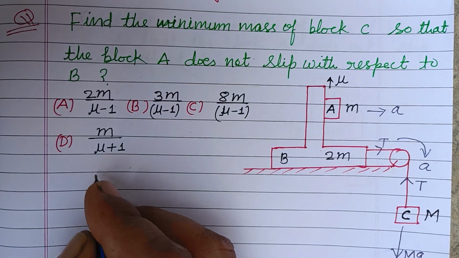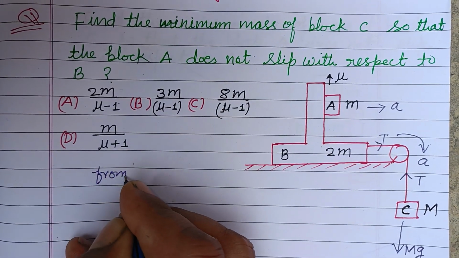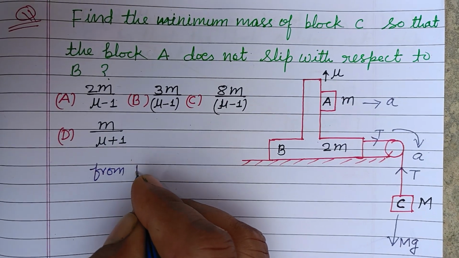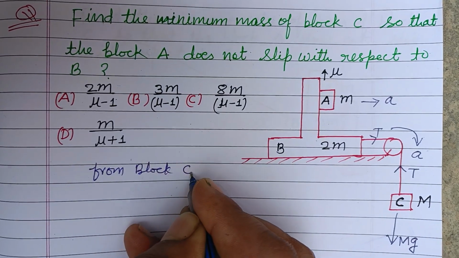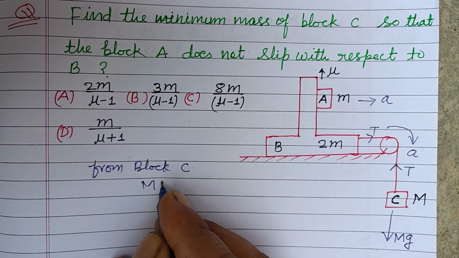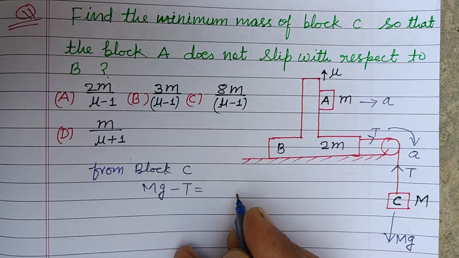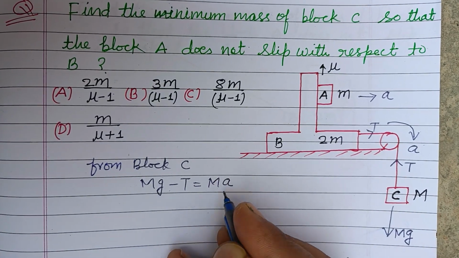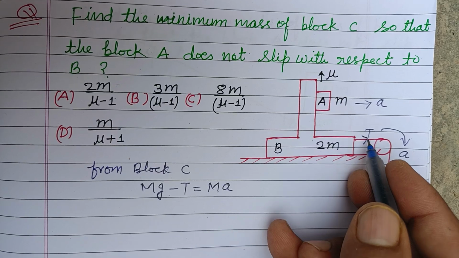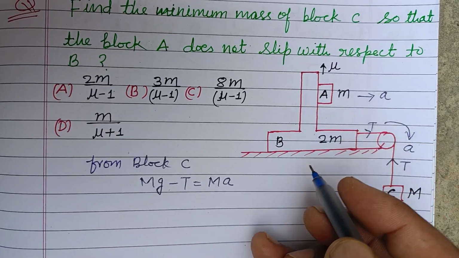So from block C, mg minus T equals m into a, and here is only acceleration a.